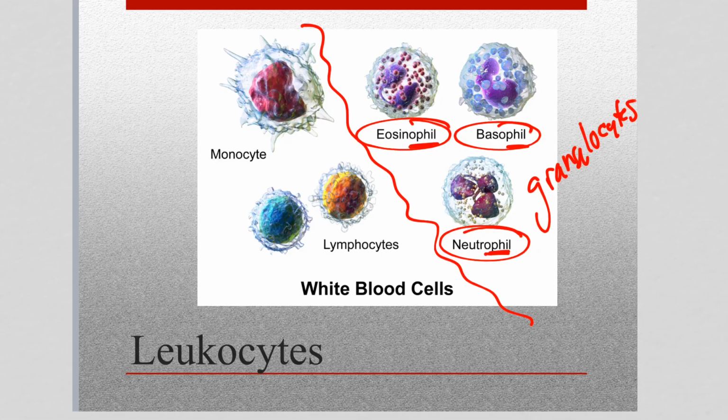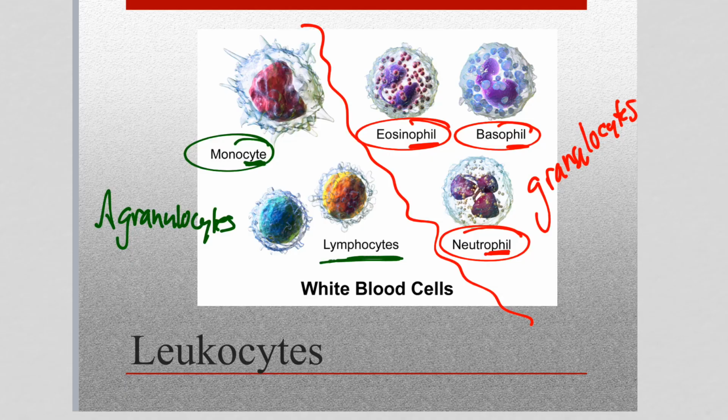And as far as the agranulocytes, they end in "cyte." So you have monocytes and lymphocytes, and there's basically two types of lymphocytes. You have T lymphocytes, or T cells, and B lymphocytes, or what we call B cells. Okay, so we'll talk a little bit more about those in greater detail.